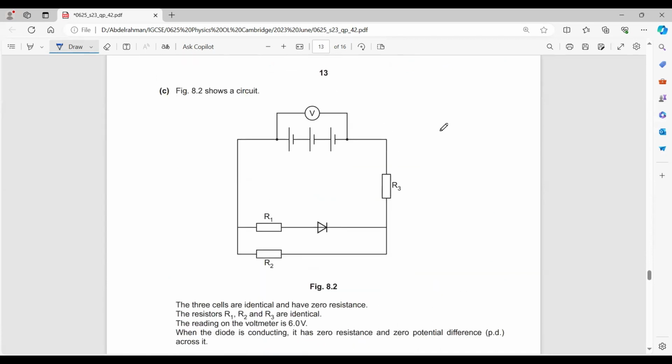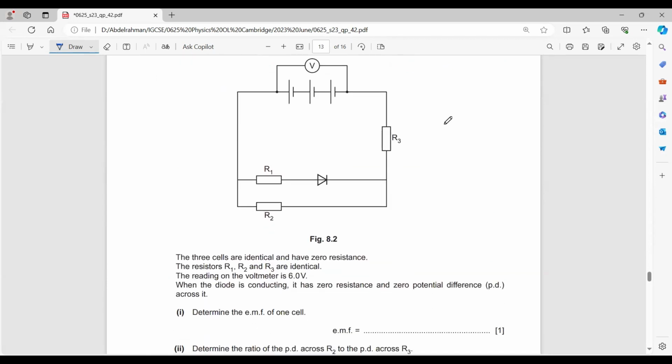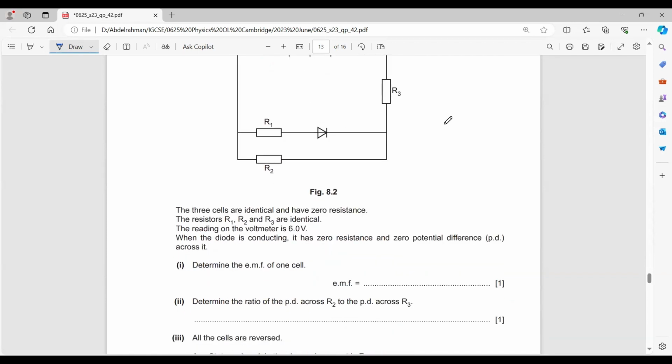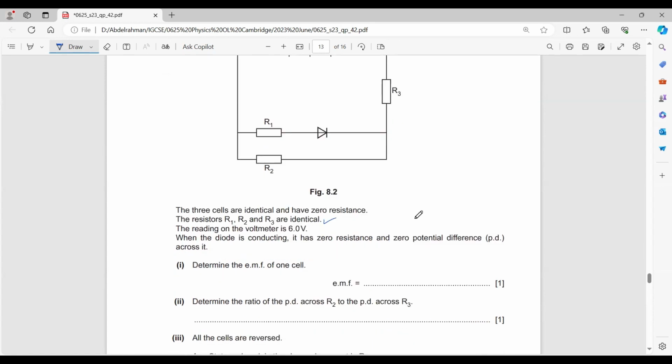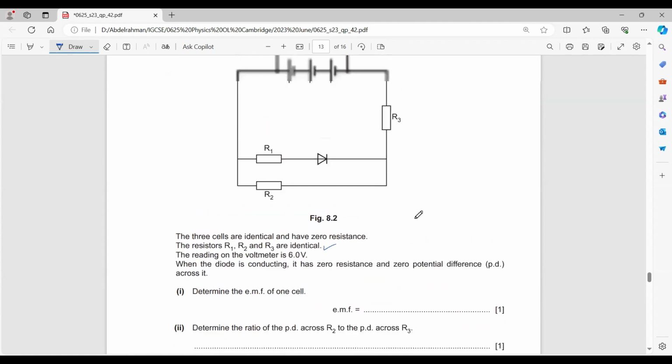I have a circuit with some components. R1, R2, and R3 are all identical. The reading on the voltmeter is 6 volts. When the diode is conducting, it has zero resistance and zero potential difference. Determine the EMF of one cell.